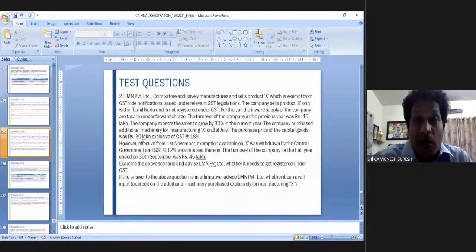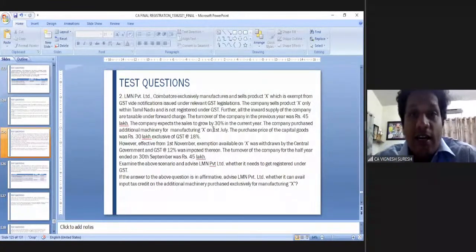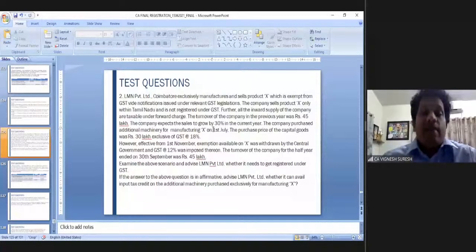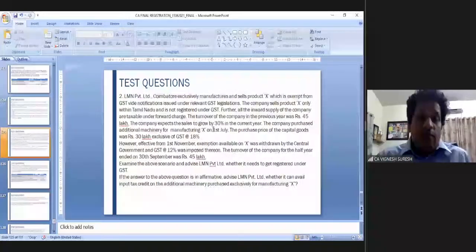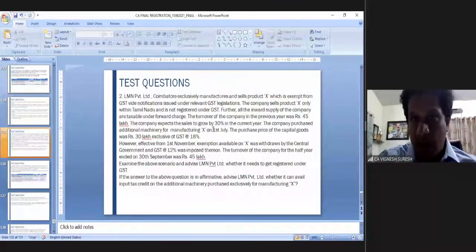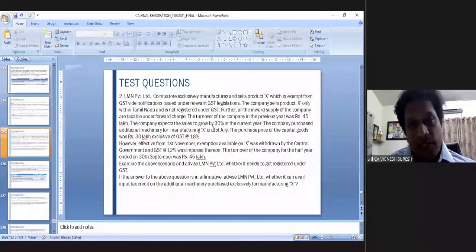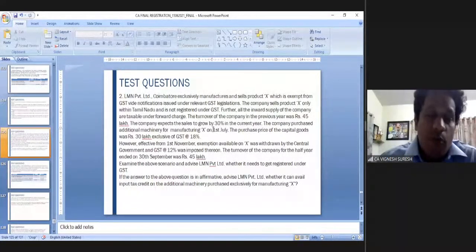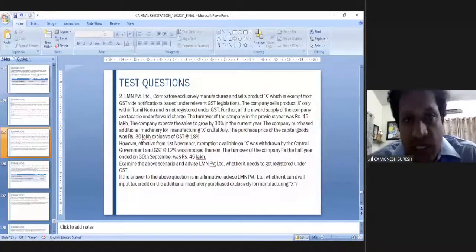That you should remember, because each state has an aggregate turnover threshold specified. You need to be very, very careful. Here, for Tamil Nadu, it is 40 lakhs. Earlier, when it was exempt, even though the turnover was 45 lakhs, registration was not required because it was an exclusively exempt product. But now the exemption is withdrawn with effect from 1st November, and it becomes a taxable supply.